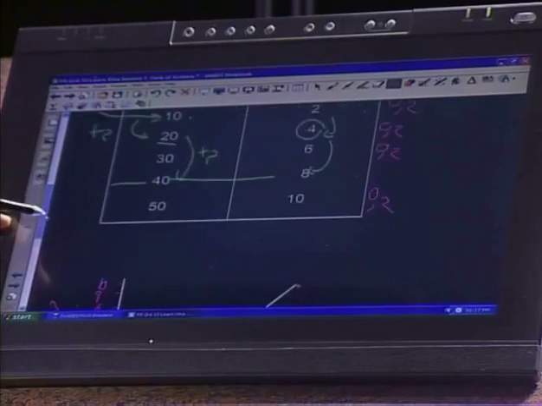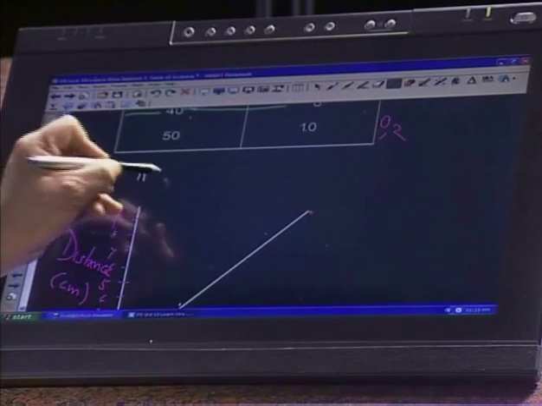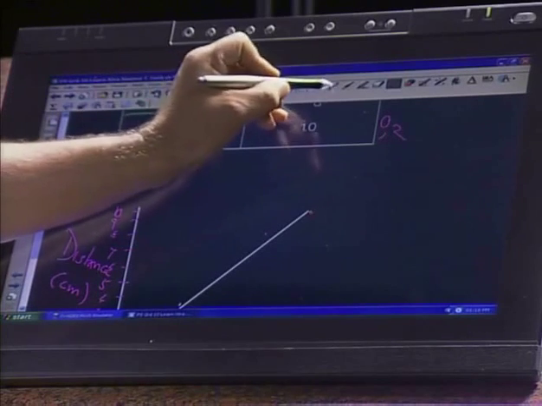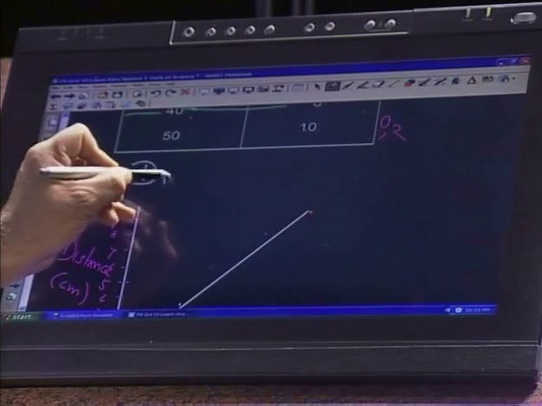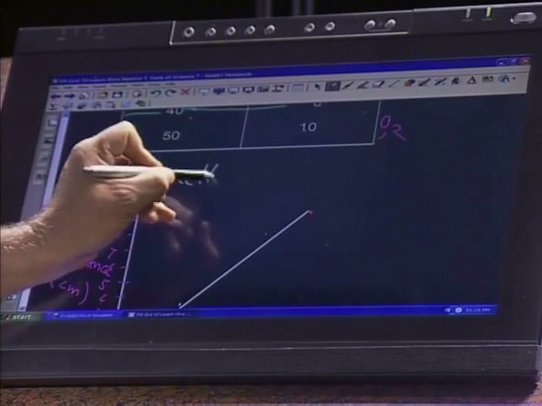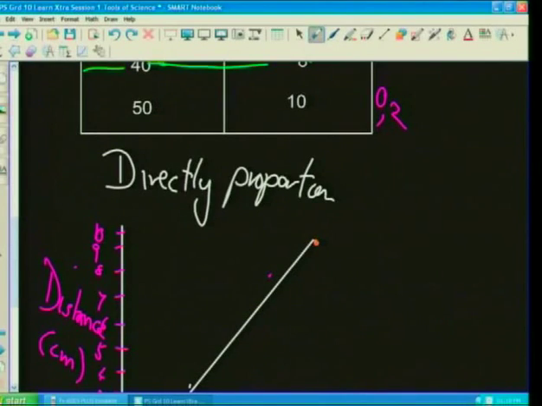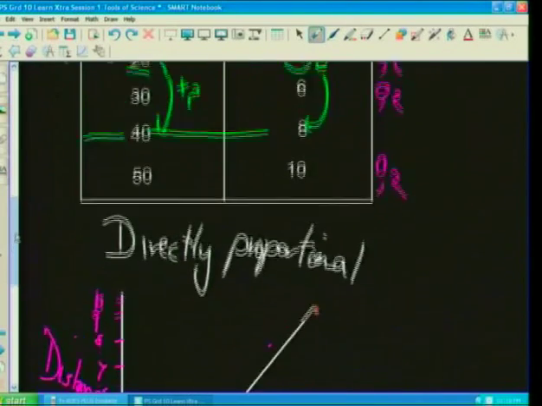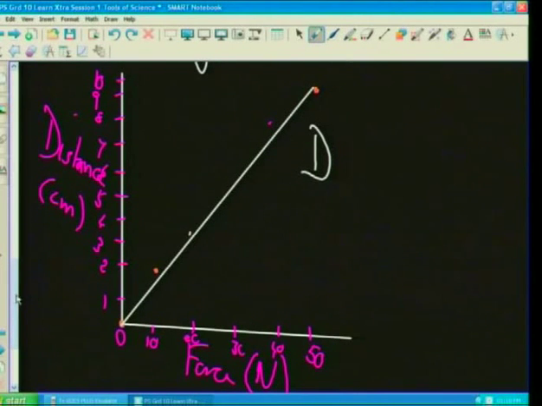The relationship has a special name. We say that the special name for this relationship is directly proportional. Now, in maths terms, what we're going to do is we're going to say, let's put D for distance and F for force, and we're going to say distance is directly proportional to force.